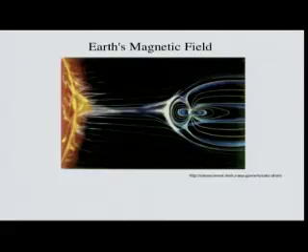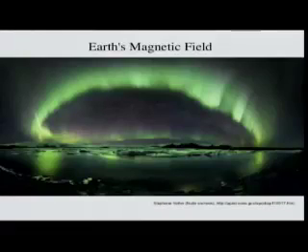You can see that all these charged particles are deflected from the Earth, but they would be coming in through the polar regions, the magnetic poles. And one consequence is the spectacular northern lights that we see in the north and south poles.